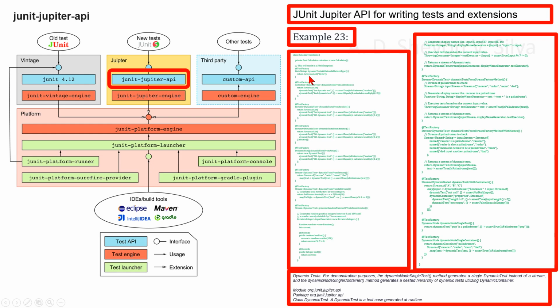Since an invalid return type cannot be detected at compile time, a JUnitException is thrown when it is detected at runtime.